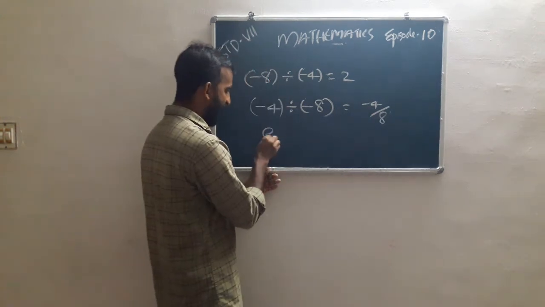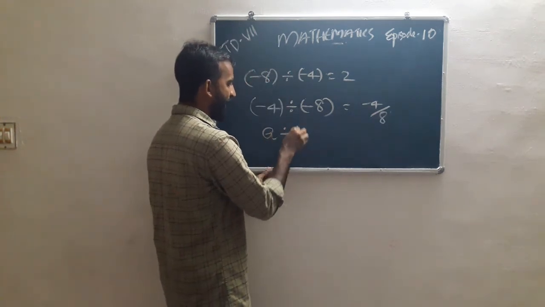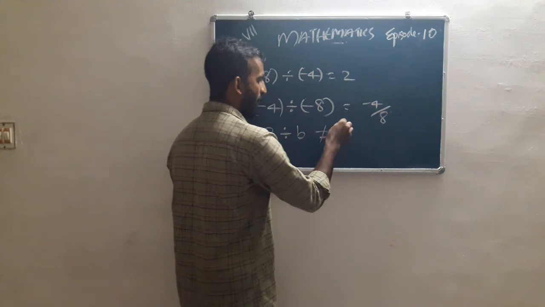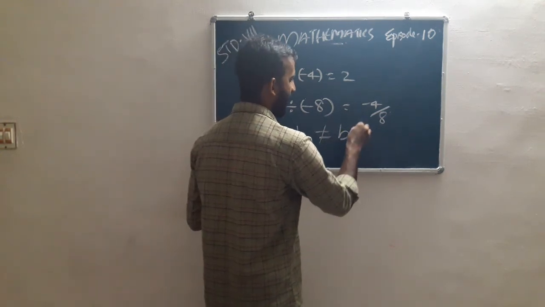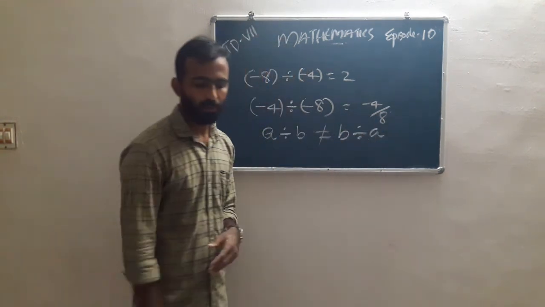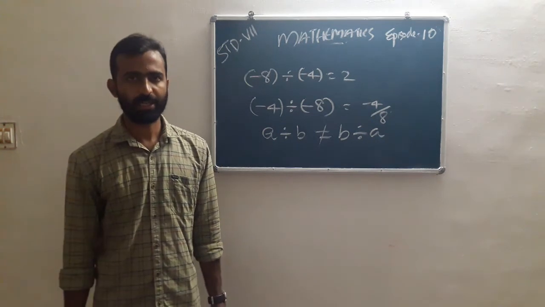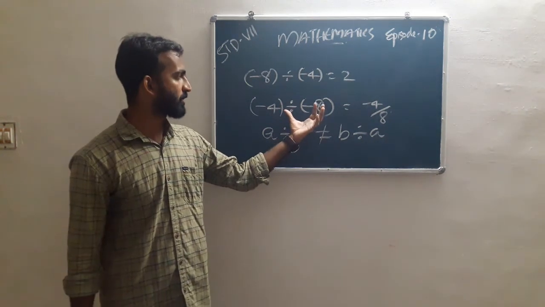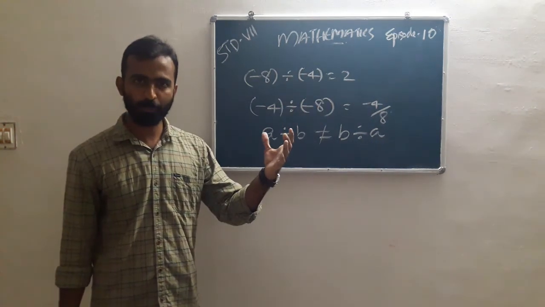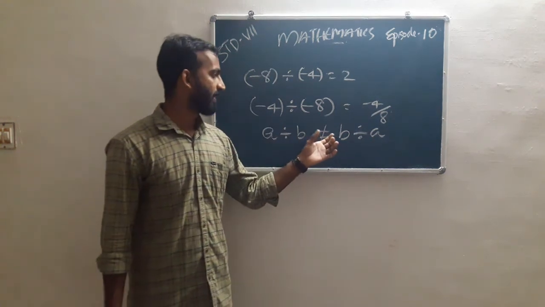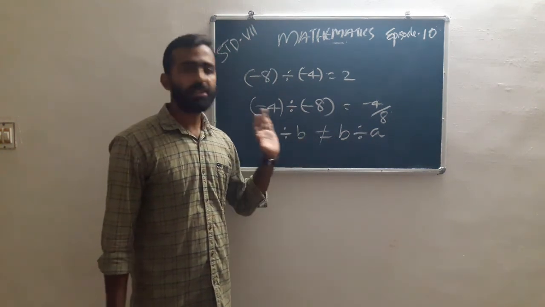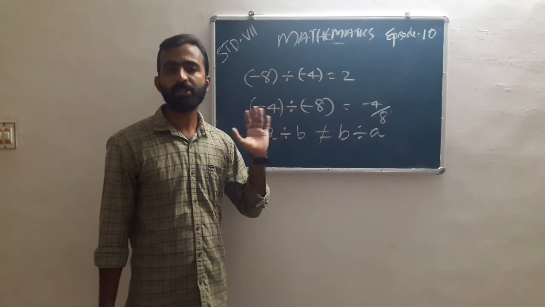That is, A divided by B is not equal to B divided by A. When we change the position of the integers, then they are not equal.